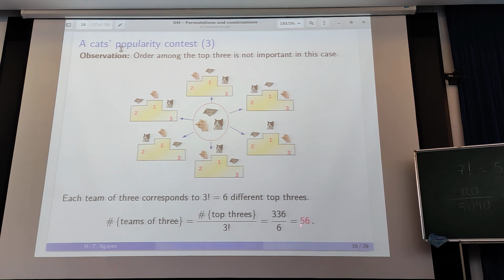So the number is much smaller than the number of possible top 3s. Here we have 8 cats and we want to choose 3, and the result is 56 possible teams of 3.